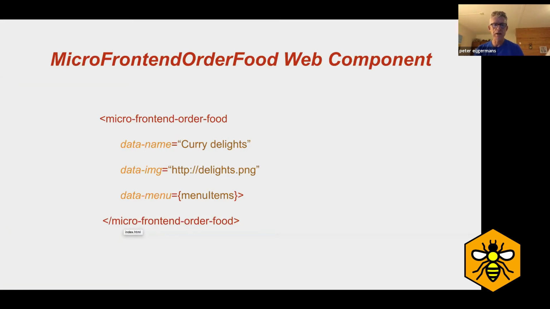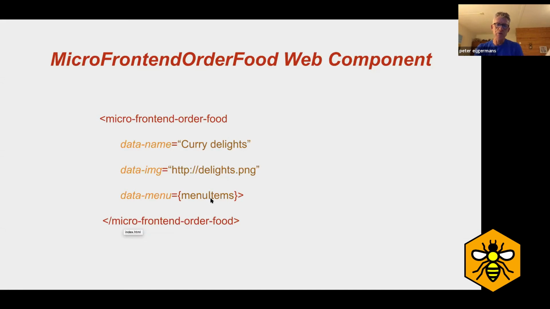And I have already made it here. I created here a micro frontend order food custom HTML element, and this is also a web component, they call it also. And this tag of this micro frontend has three input properties: the name, the image URL, the large PNG, and the menu items.